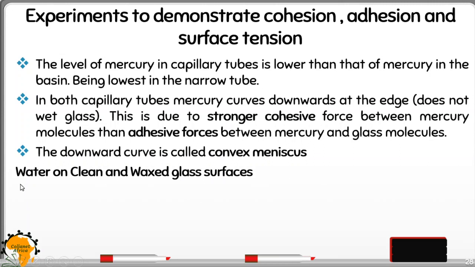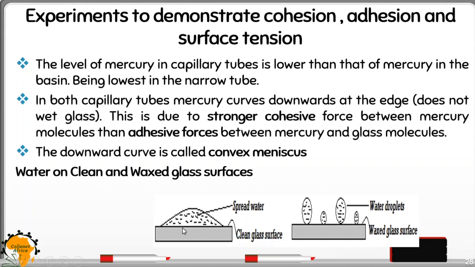Then we go to our third case where we have water on a clean and waxed glass surface. In the first case, we have a clean glass surface. When you put a drop of water, it spreads. And of course, when you remove it, you find that it wets the glass.